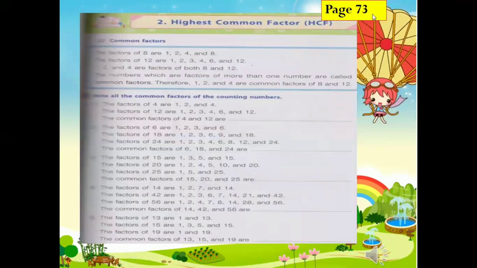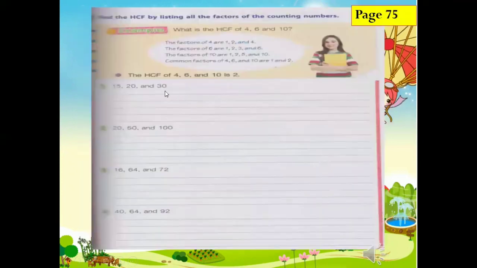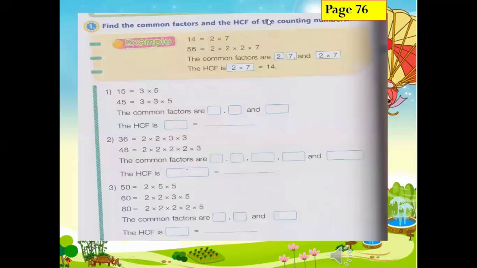Page 73, highest common factor. Page 75, find the highest common factor by listing all the factors of the counting numbers. Look at the example. You have to list down all the factors of the whole numbers and then find the common factors and then the highest common factor. Then page 76, find the common factors and the HCF of the counting numbers.